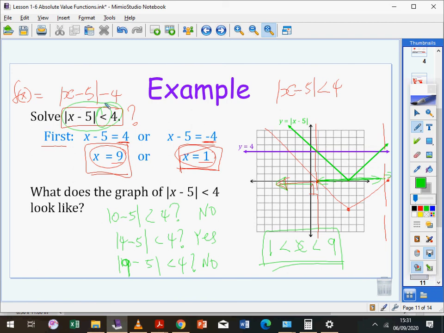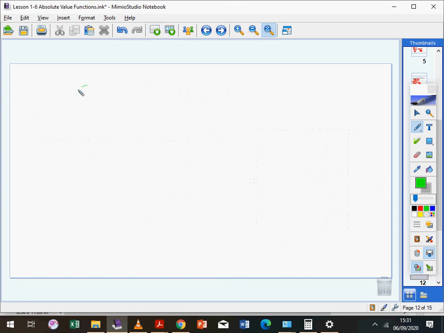Another way you can think about it is |x minus 5| less than 4. I know that, this being an absolute value inequality or function, I could have a negative or positive input, and that will give me the same output.